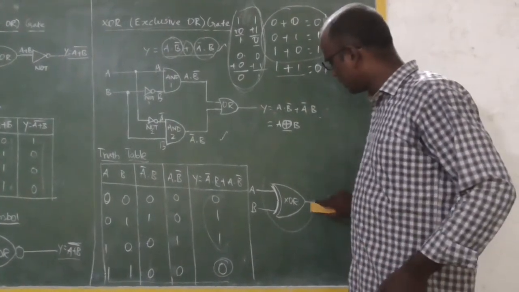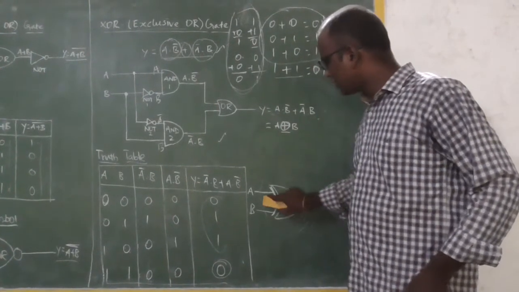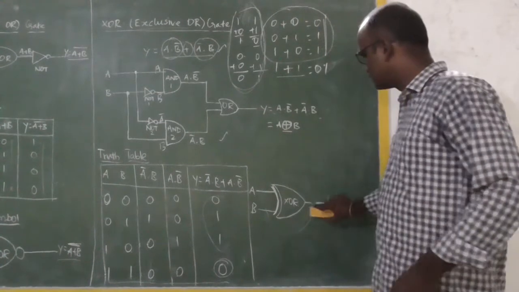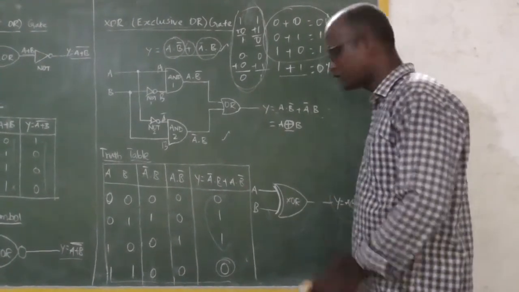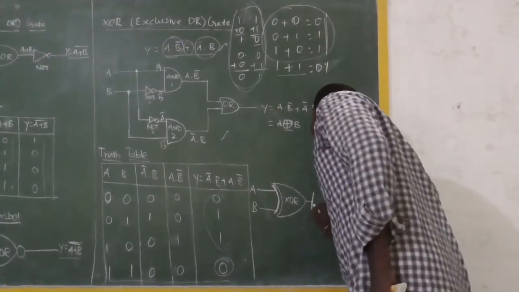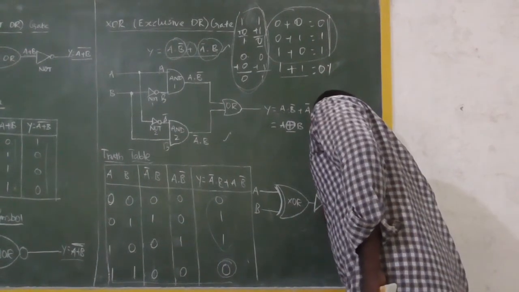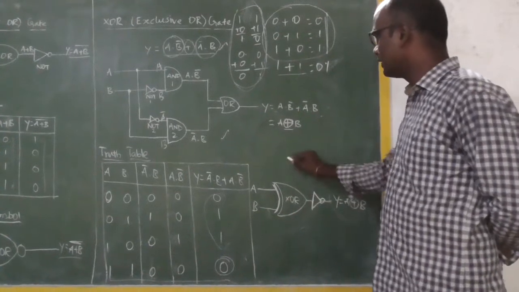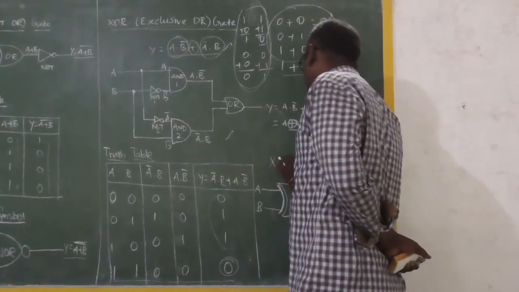The XNOR gate is once again a combination of an XOR gate followed by a NOT gate, as in this circuit symbol. So this is the XNOR gate circuit.